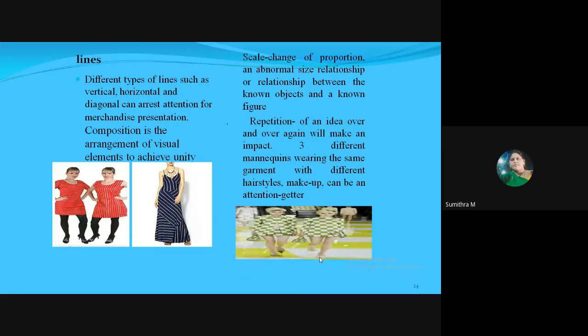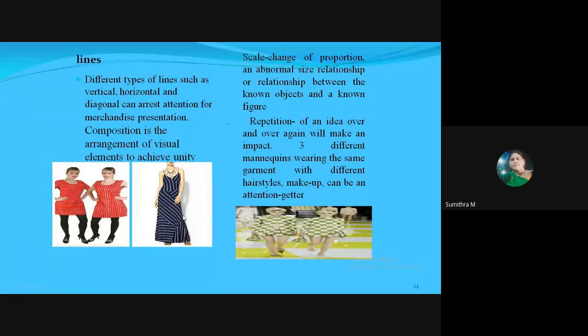Lines, different types of lines are used in a window display. One is named a vertical line, horizontal line, diagonal line, shown in these figures. Vertical line, a person or mannequin with a vertical line will look thin when compared to the normal figure. And if it is a horizontal line, that person will look fat, and a diagonal line will give a good look, or it will give unity to the whole garment.